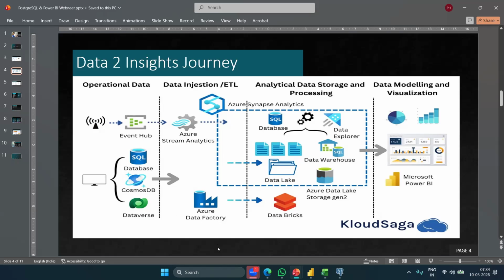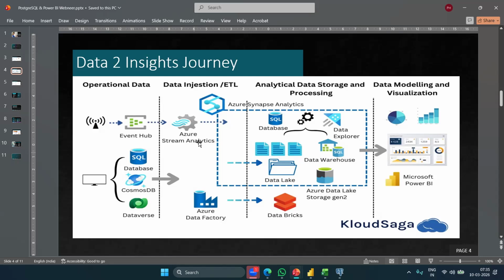Now, when it comes to analytics, I'm taking you back to the example of a house where a lot of objects are placed. Similarly, a bank has a lot of customers across different segments. Now a CIO or CEO comes and asks, hey, I want to know how many customers there are. Then we need to consolidate all of them in one place and run a simple count query to get the customers, right?